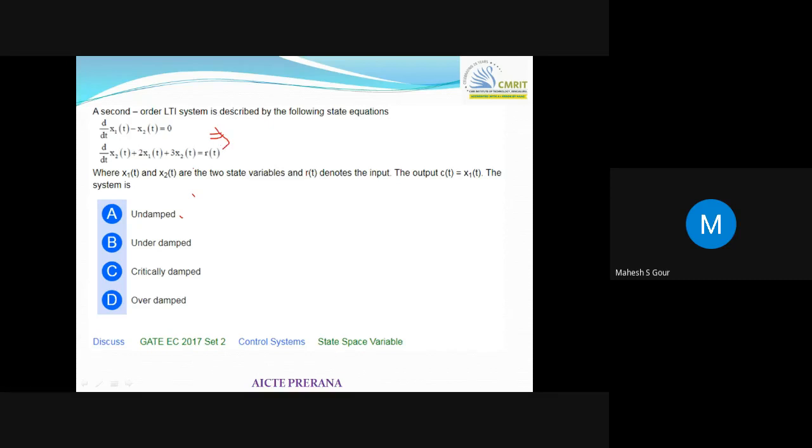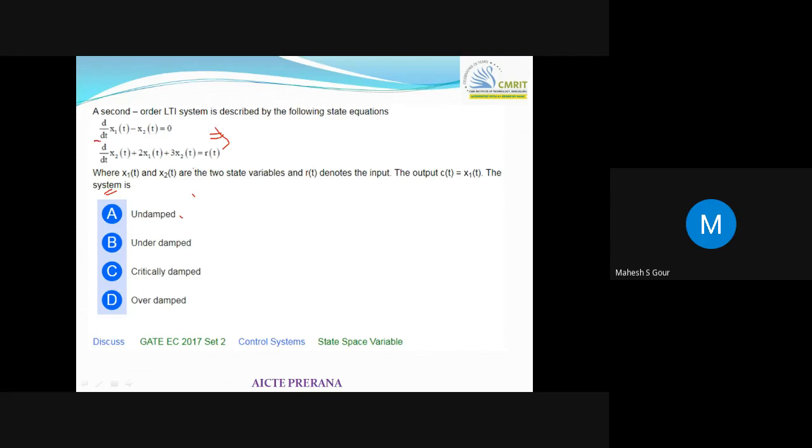You need to write it in terms of your matrix, and you need to tell whether the system is undamped, underdamped, critically damped, or overdamped.